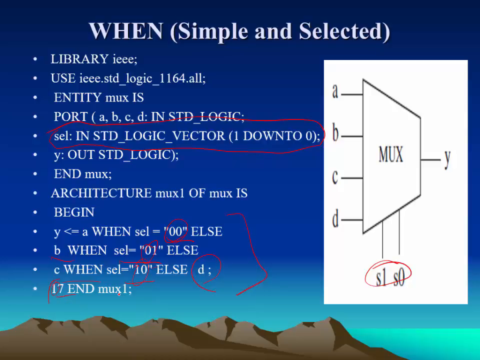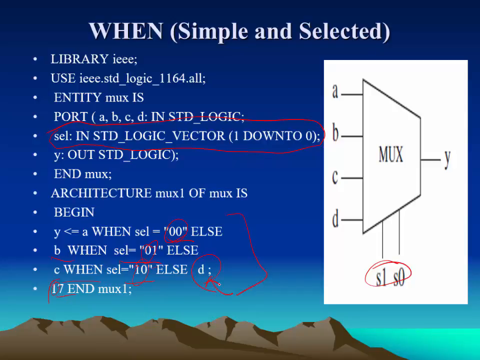So I can design a mux very, very simply by essentially using a when-select statement right there. This is actually all one statement. You should note that if you code this, the semicolon goes at the end of everything.